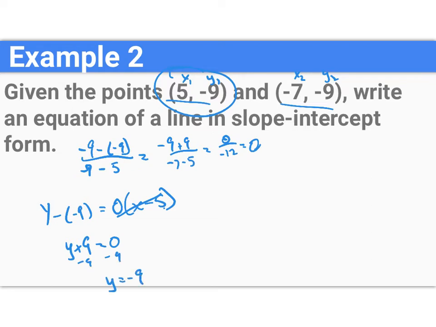So what we have here is a flat line at -9, and our 2 points told us -9 everywhere. No matter what the x is, y is -9.